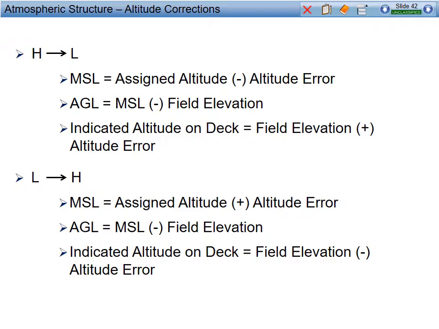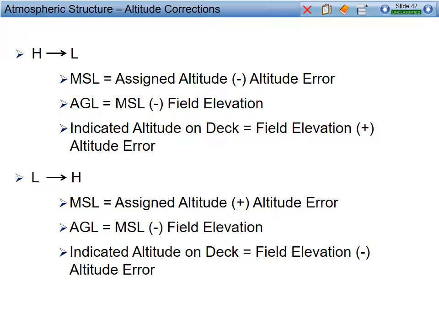And then if you completed your approach and landed safely on deck, again without updating your altimeter setting, when on deck, your altimeter will not read the correct field elevation because you have an incorrect sea level pressure setting. Therefore, you will take the sea level pressure correction. You will take the field elevation and add the error that you calculated to do your first step. And that would be the indicated altitude that would read on your altimeter on deck at the destination.